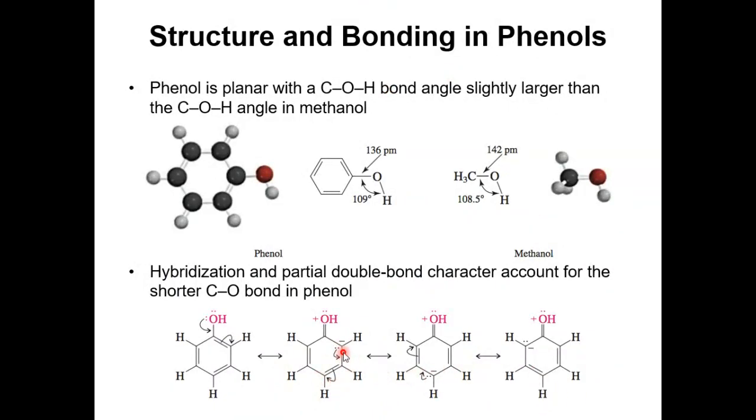What you can see is, out of the 4 resonance forms, 3 show that the oxygen lone pair is donated to the ring. The negative charge can be on the carbon ortho to the hydroxy group or para to the hydroxy group, but it will never be on this carbon. And the negative charge means the electron density on the ortho and para positions is higher. When the electron density is higher, the chemical shift value is lower.